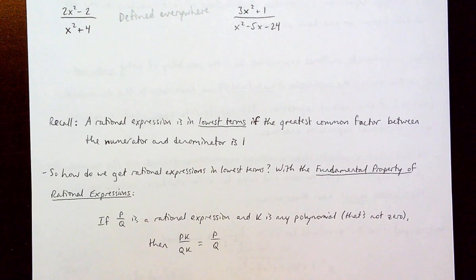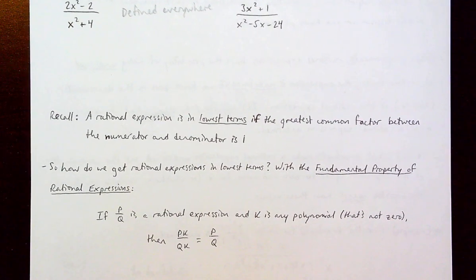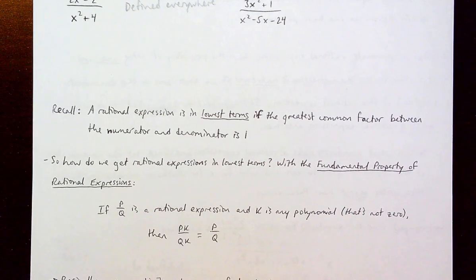And now the big property for this section, that is the title of this section. So how do we get rational expressions in lowest terms? How do we get them as nice as possible? We do it with the fundamental property of rational expressions.